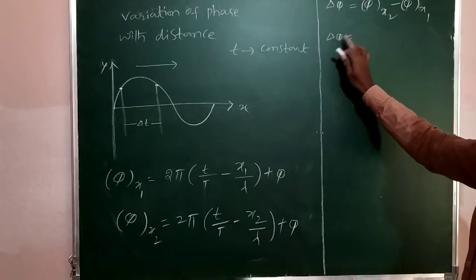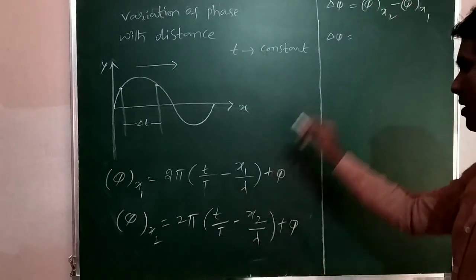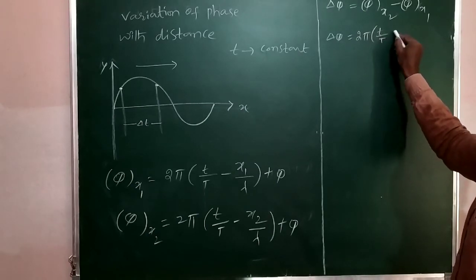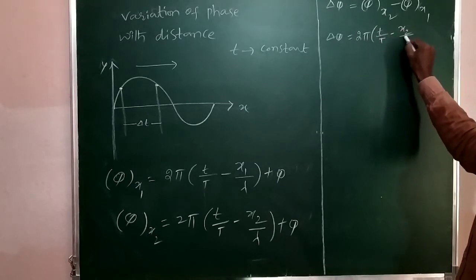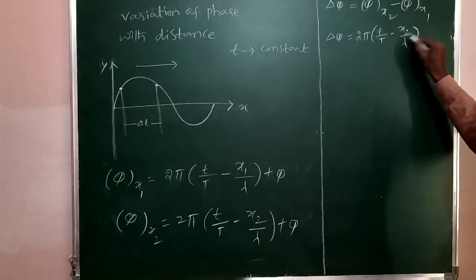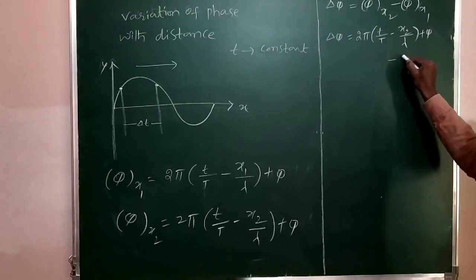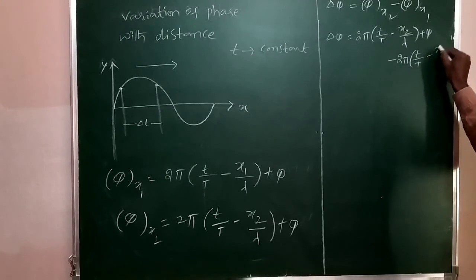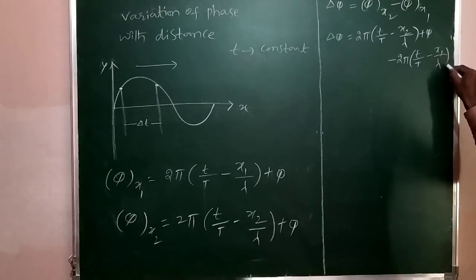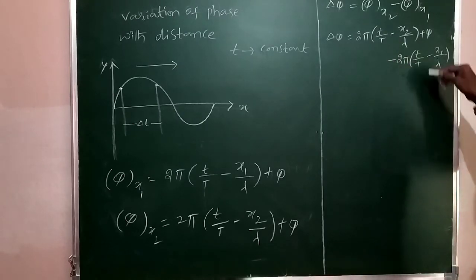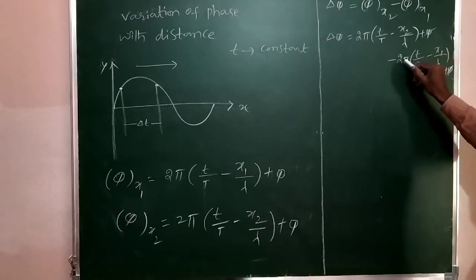The phase difference delta phi equals phi of x2 minus phi of x1. So what is that equation? 2 pi of small t by capital T minus x2 by lambda plus phi, minus 2 pi of small t by capital T minus x1 by lambda plus phi. After multiplying with minus, the plus phi gets cancelled.